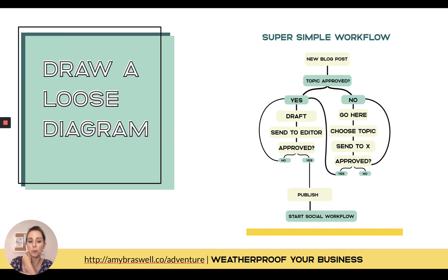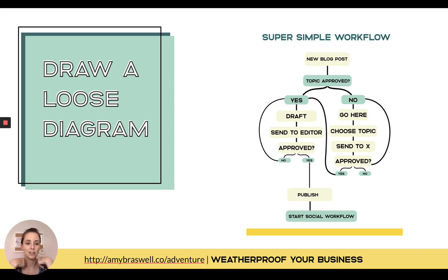It does not have to be this pretty. I just did that to get it up on the slide. I'm talking about pen and paper, doodles, arrows going over here and over there and this way and that way, and it's going to probably look like a mess. That's fine. You're getting it out. You're getting everything you can out of it. You're just getting it out of your head and onto paper, okay?